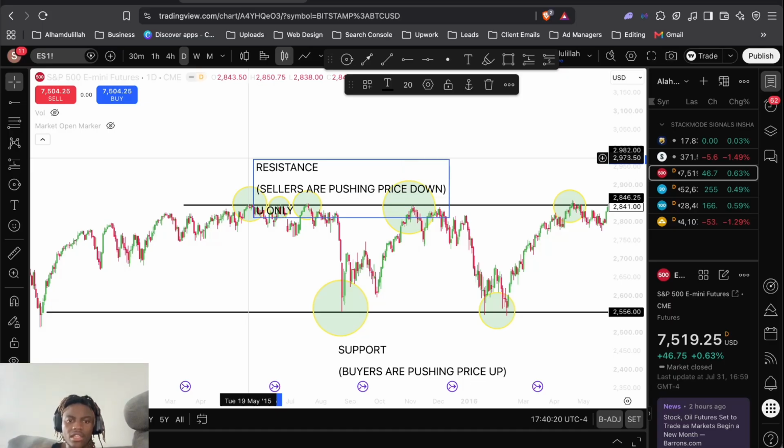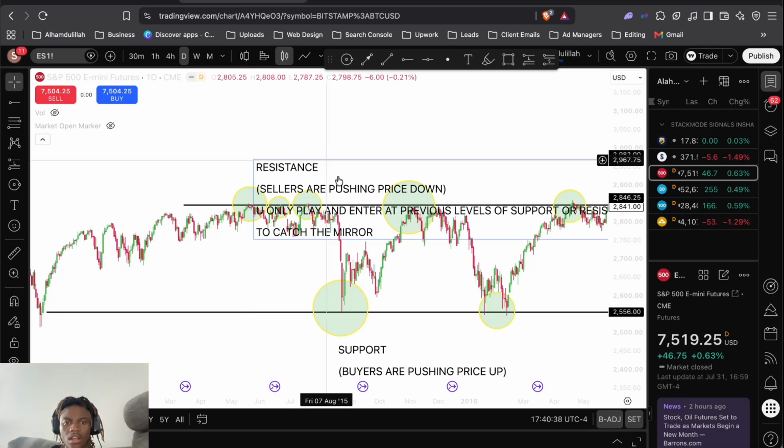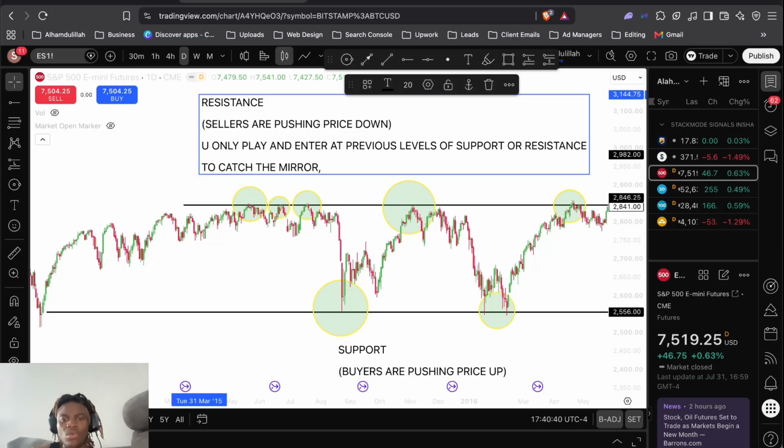You only play and enter at previous levels of support or resistance to catch the mirror. And the reason why we focus on mirror areas is that they have the highest level of volume.